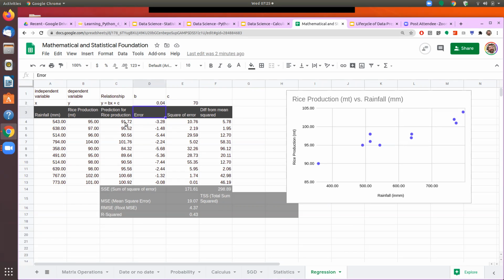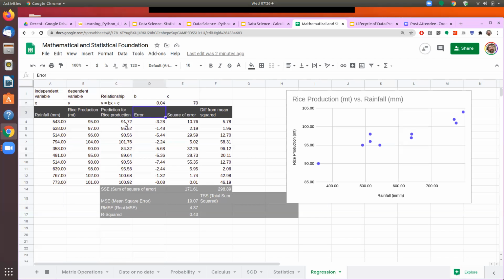So regression is, in short, prediction of something or prediction about something, and that prediction will be done based on certain other data points which we have. The data points which become the input for making the prediction are called the independent variables, and they are normally denoted by x.